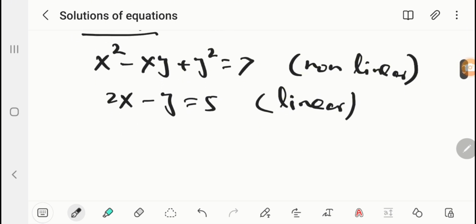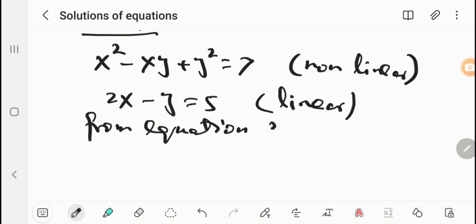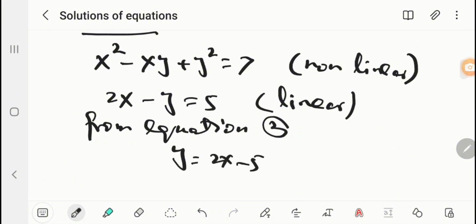We have to solve them by using the substitution method. From equation 2 you can write y is equal to 2x minus 5.